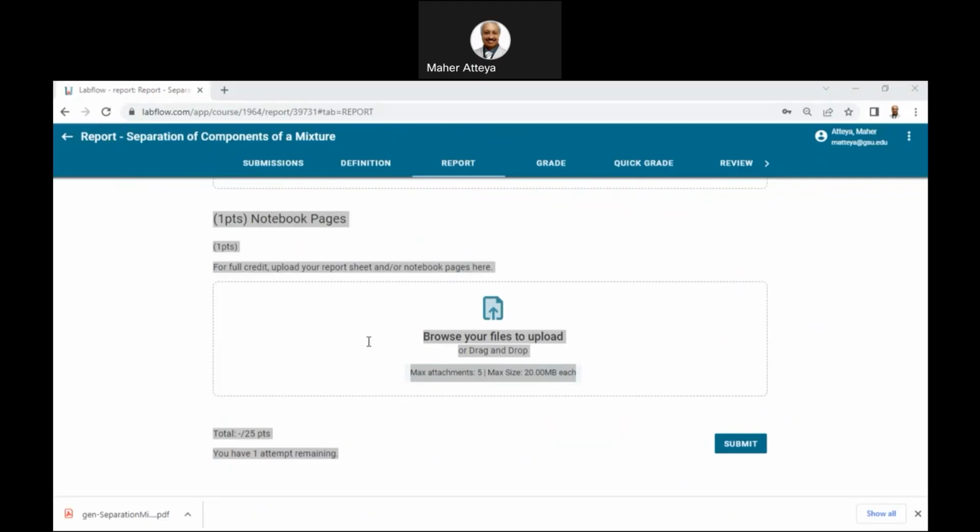So percent of the mass will be this one here, this mass of the sample, and this one here will be this.